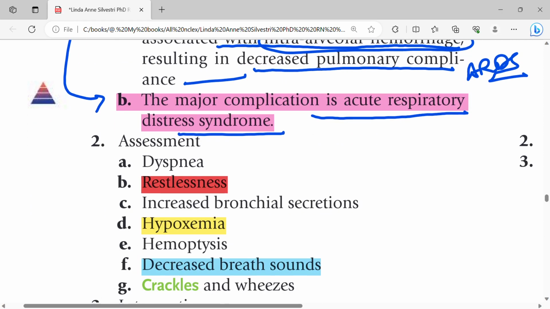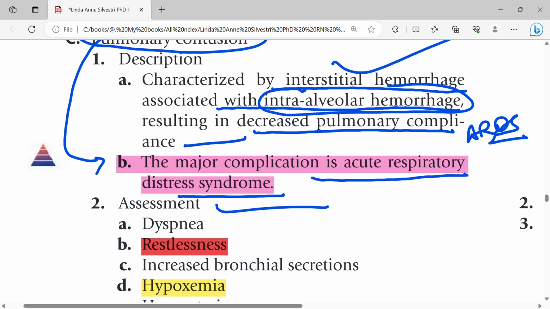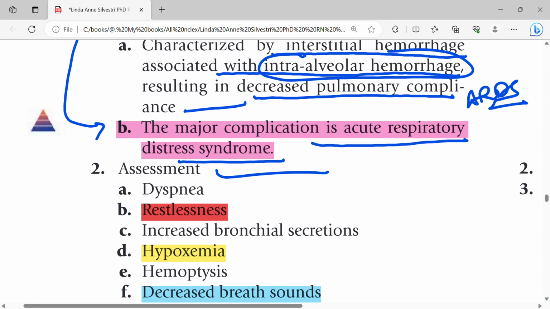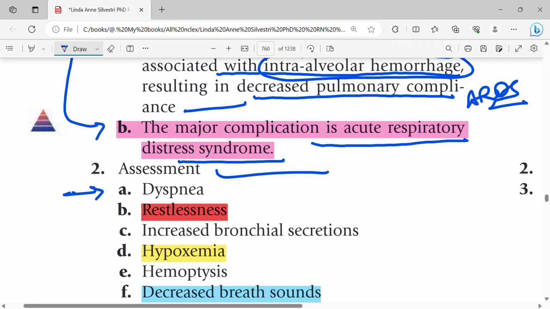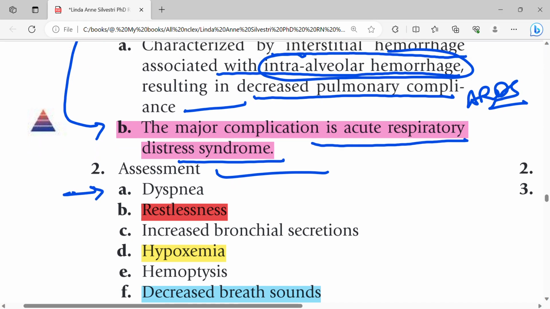So how will we assess if the patient has pulmonary contusion? First, dyspnea, difficulty in breathing.